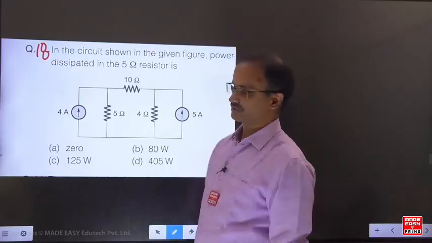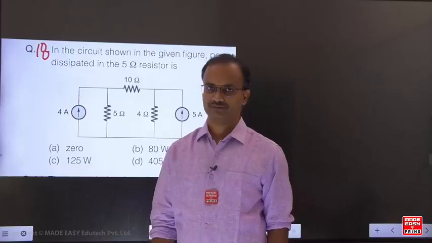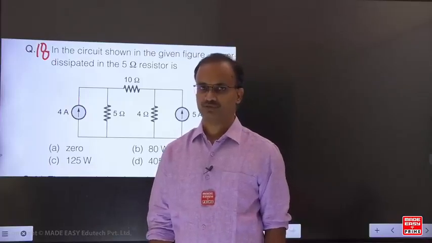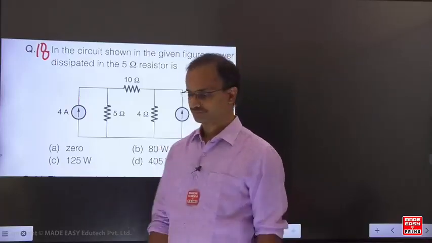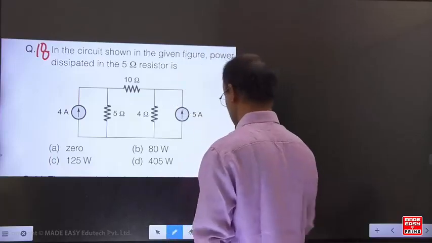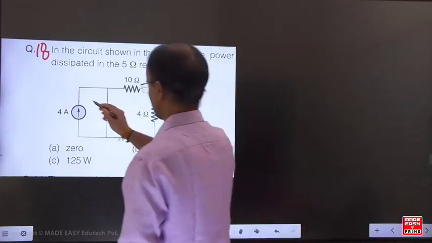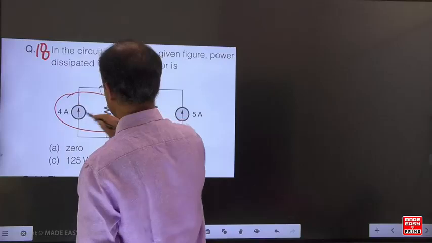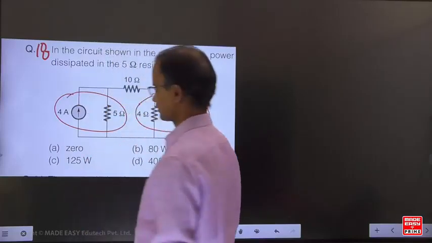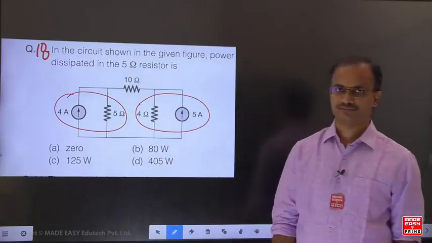In this example, to solve the problem, we can go for many methods, but here I am simply going for source transformation. The current source is replaced by its equivalent voltage source.